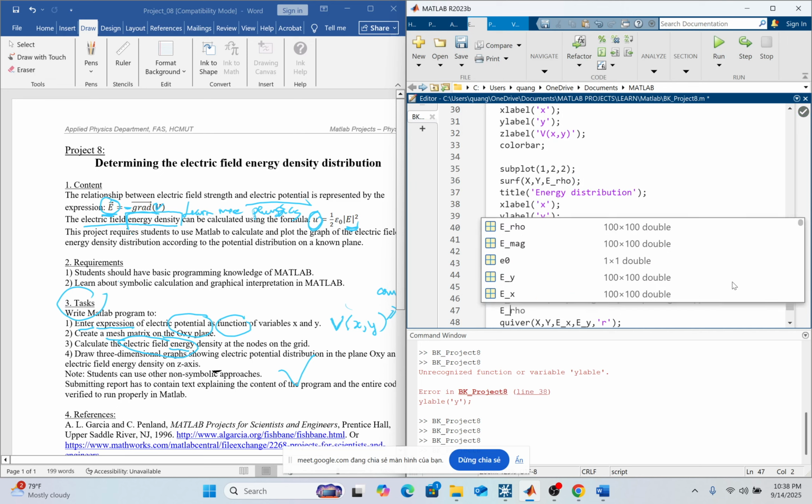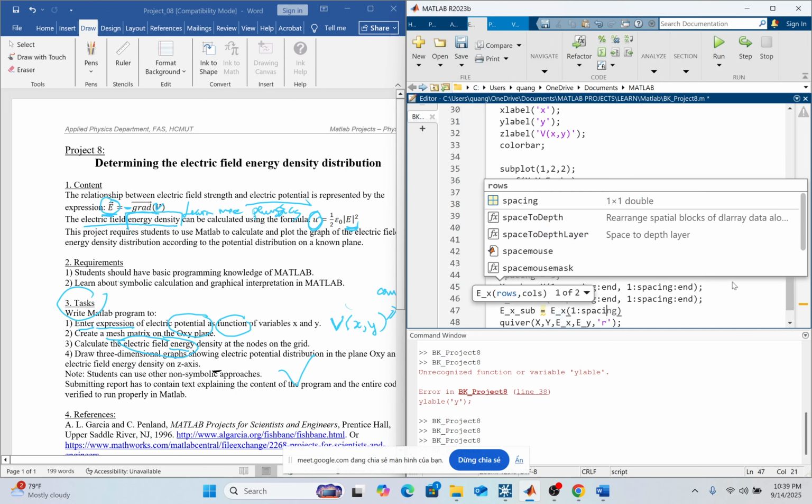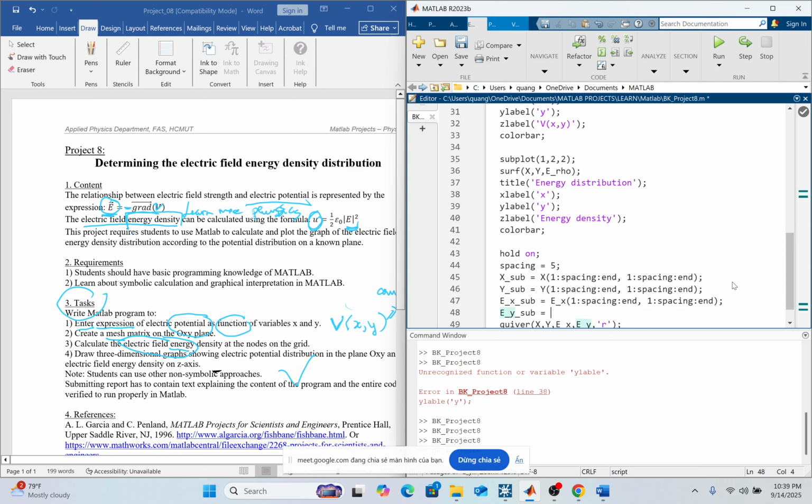And I can use ex sub too because my ex matrix corresponds to all the values in x. So if I downscale the x, I will have to downscale the ex too. So our ex sub is going to be ex 1 spacing and 1 spacing, and also ey is going to be ex 1 spacing and 1 spacing n.